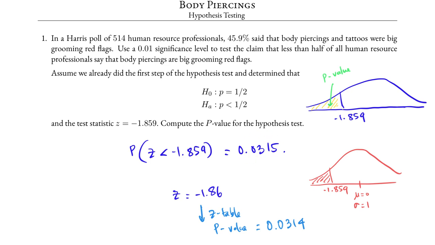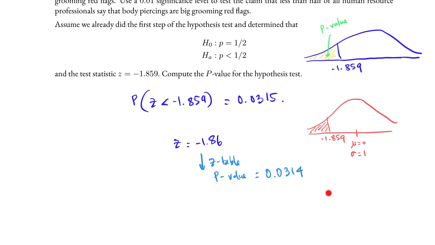But what is this p-value? The p-value is the probability that we obtain the data as extreme as the one we observed, assuming that the null hypothesis is true. Recall that when we computed this test statistic z, we had to use the assumed null value 1/2.